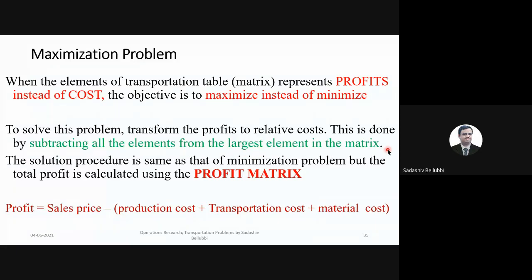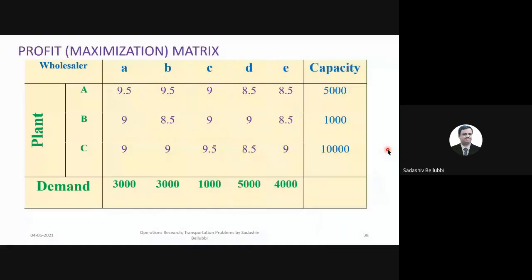Now in that profit matrix, we need to identify the maximum number. May I know which is the largest number in the profit matrix?